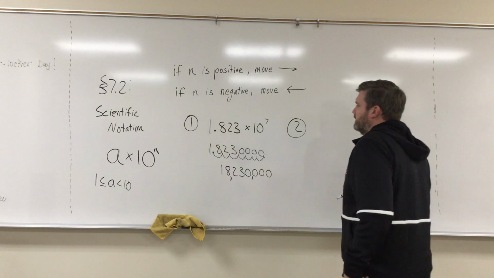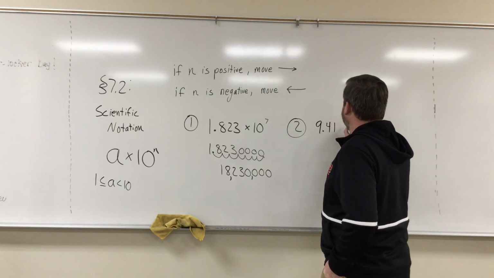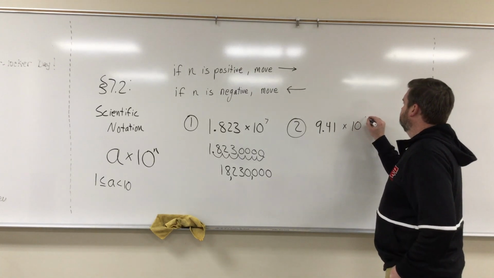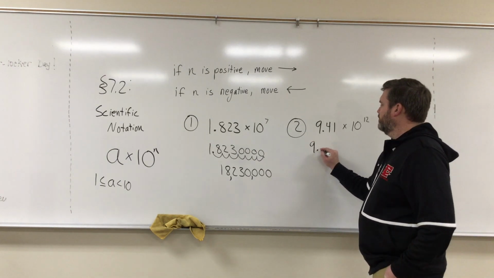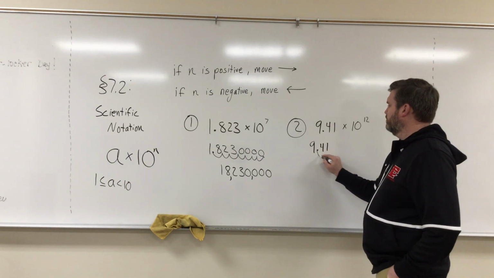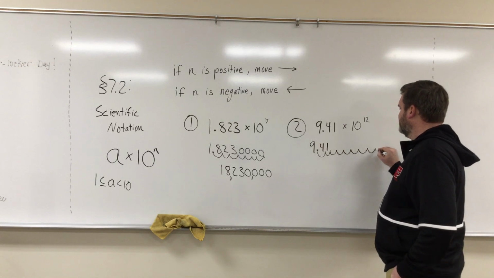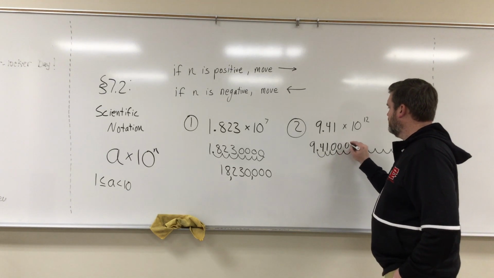Number 2, we have something like 9.41 times 10 to the 12, might as well. So we have 9.41, and then we're going to move it 1, 2, 3, 4, 5, 6, 7, 8, 9, 10, 11, 12 times. So fill in all those spaces.